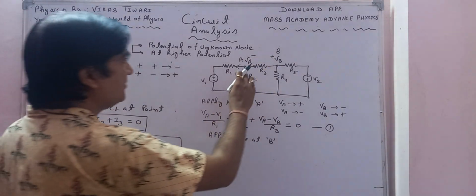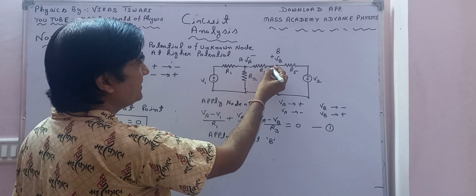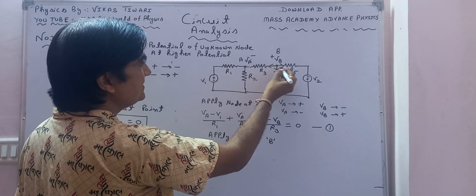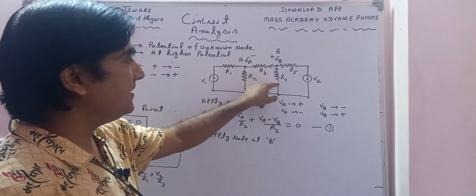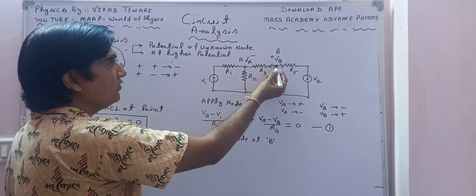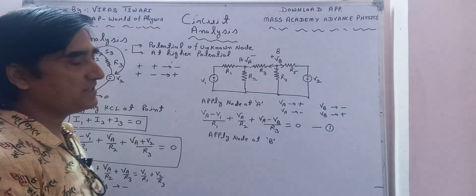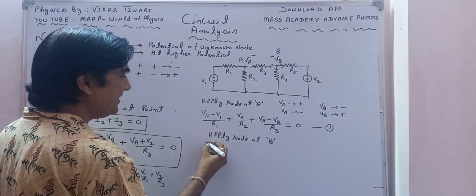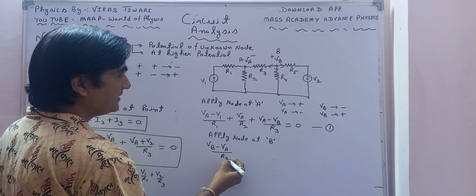So in that particular case we forget the direction of this current, and we will remember the current flows like this in these 3 particular branches, because VB is associated with these 3 branches. Now I will say VB is higher potential, VA is lower potential. Then for this branch we can write VB minus VA upon R3.